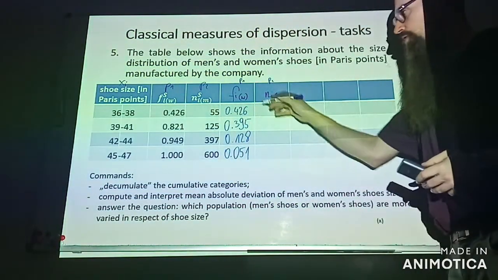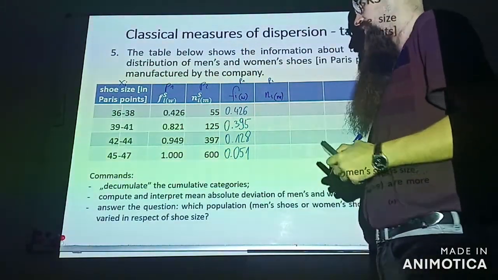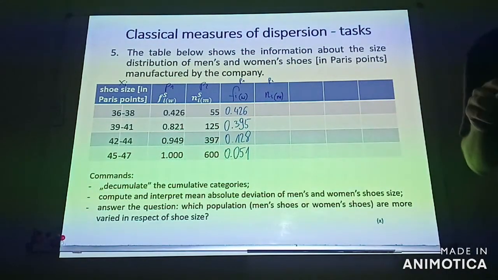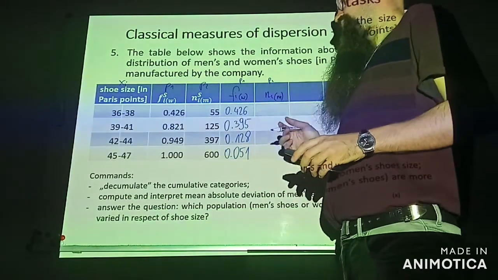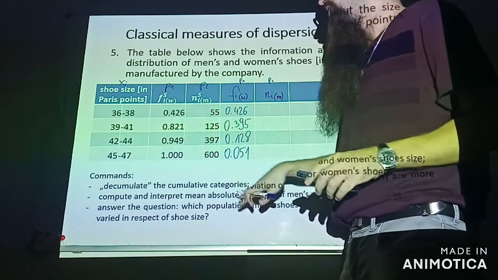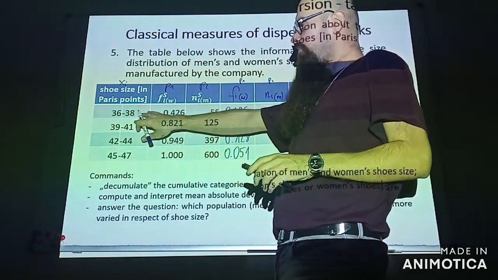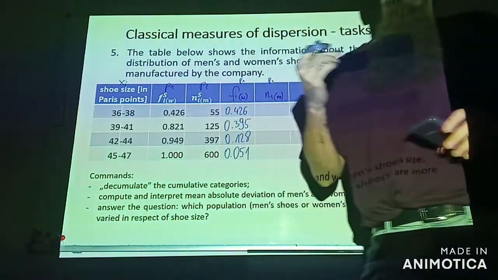Yeah? Here we see the decreasing trend in the relative frequencies. So it means that most of women's shoes are characterized by low shoe size. Yeah, small, low shoe size.